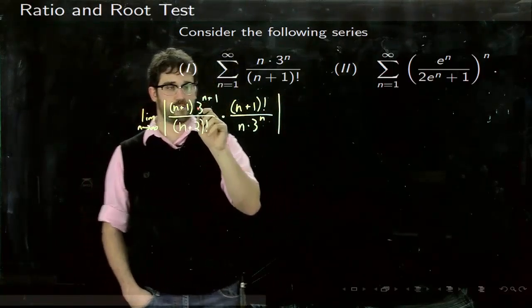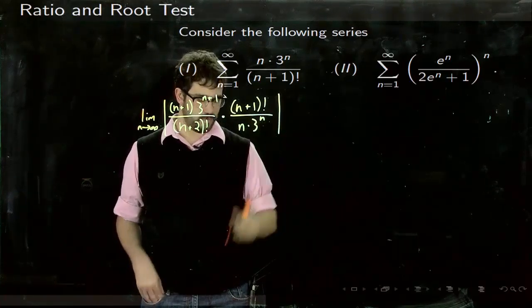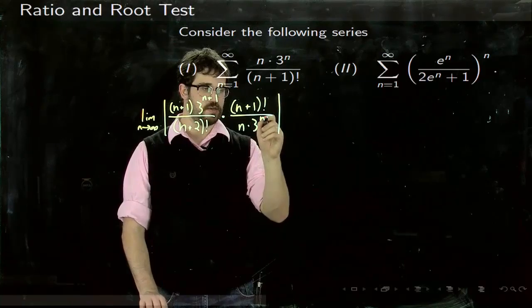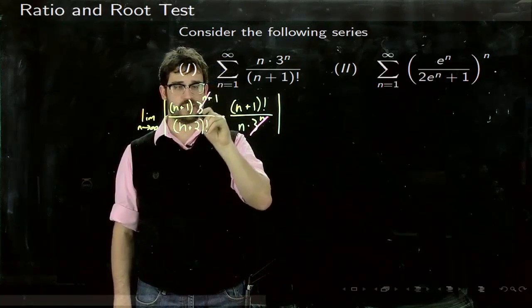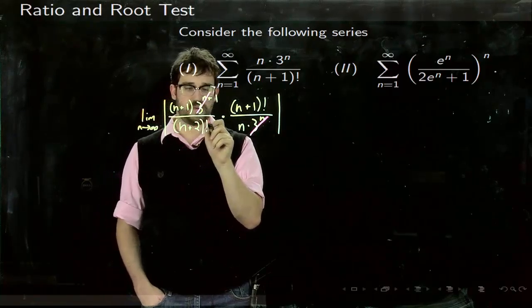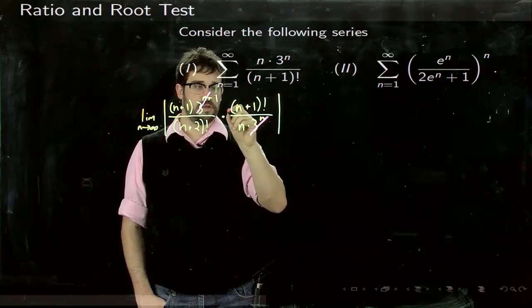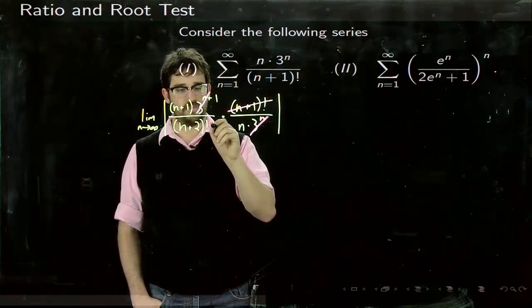This 3 to the n plus 1 and 3 to the n, we can get rid of the 3 to the n and 3 to the n, and so we have just 3 to the 1. This (n plus 2) factorial and (n plus 1) factorial, all the factorial cancels out and gets rid of this little part.